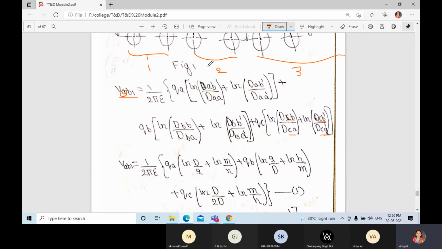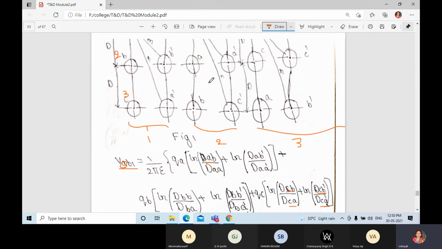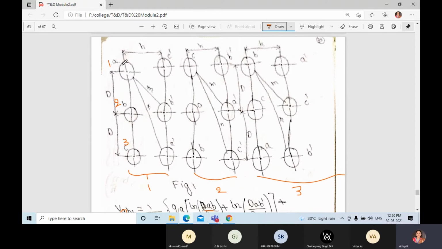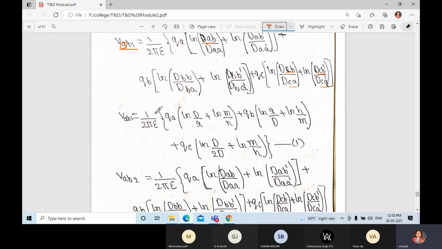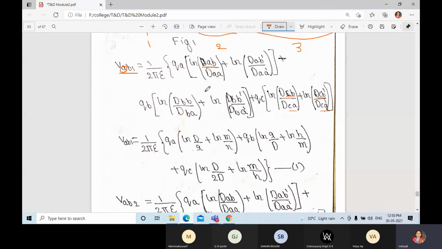We have written all the equations. Next we need to write the distances. The distance between A and B is capital D. The distance between A and B dash is M, and the distance between A and A dash is N. We are writing the values.